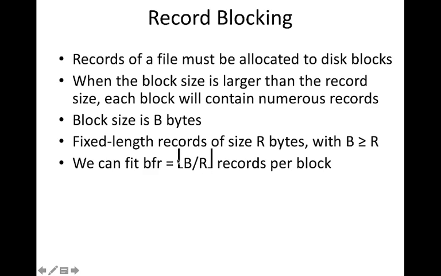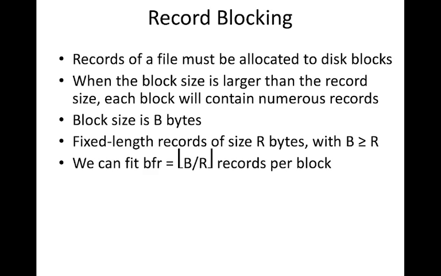Now we have a symbol like this, known as the floor symbol, floor value. For example, instead of B as 500, if we take B as 512, then 512 divided by 50, we will get 10 point something.